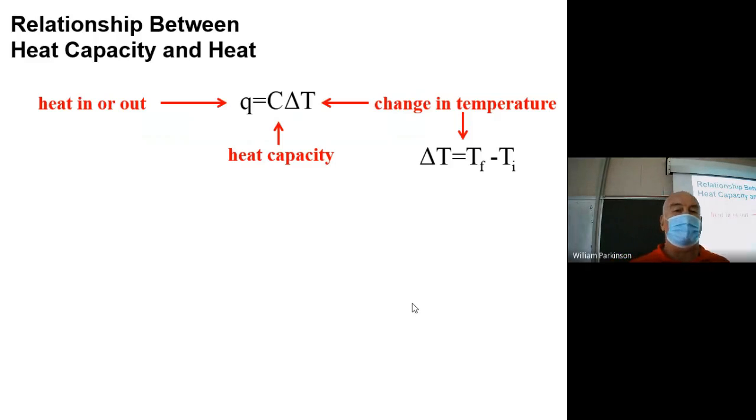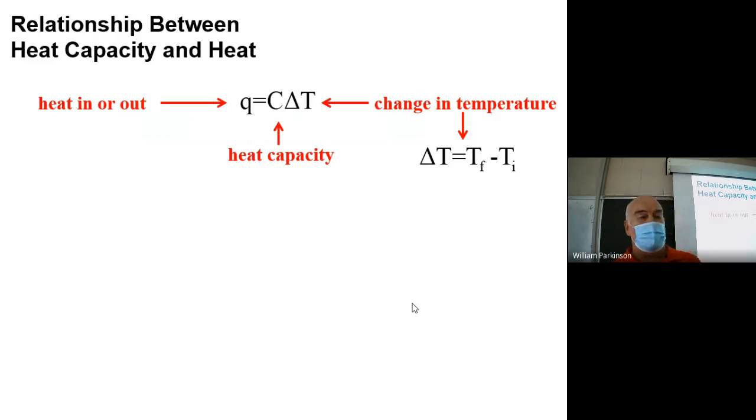So the heat you put in is equal to some heat capacity constant times the change in temperature that the matter undergoes. Notice if you double the number Q and you leave C the same, you would double the number delta T. Putting in twice as much heat changes the temperature twice as much.